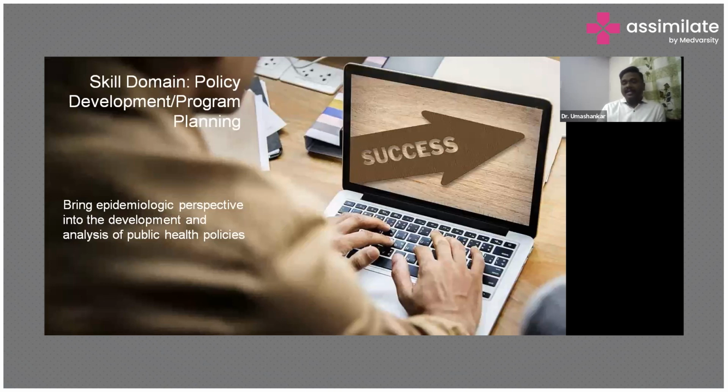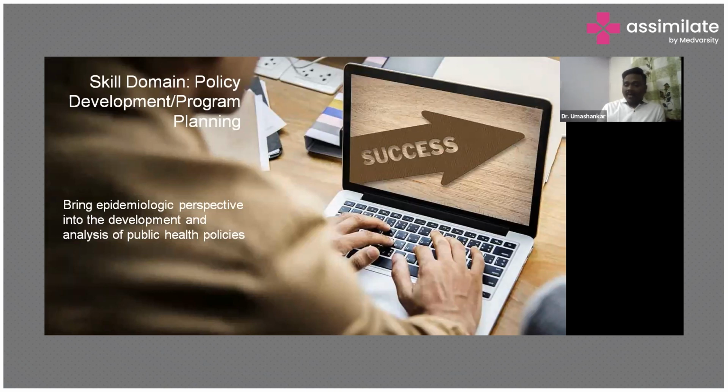Finally, coming to the skills they should have, there is program planning. The epidemiologists have to bring the epidemiological perspective into the development and analysis of public health policies. A while ago, we were talking about the evidence-based policy of wearing seatbelts. Similarly, there are a lot of policies from the government which come with evidence. They are all evidence-based policies.